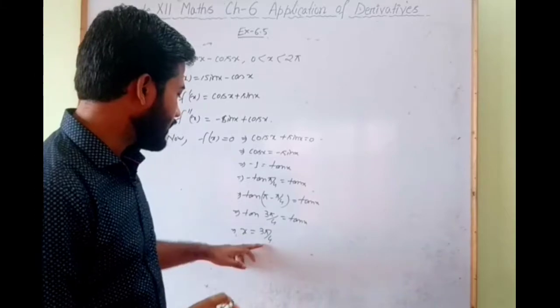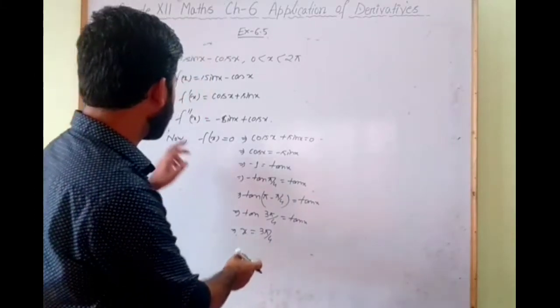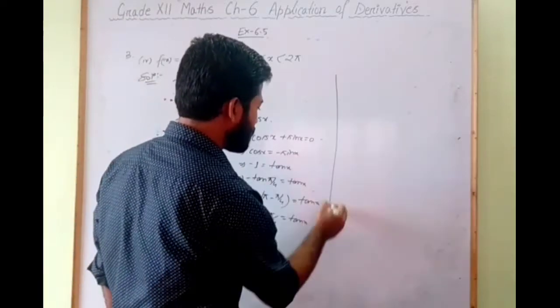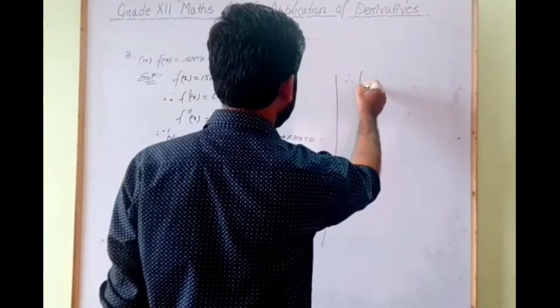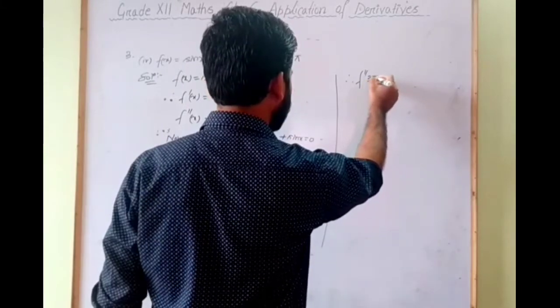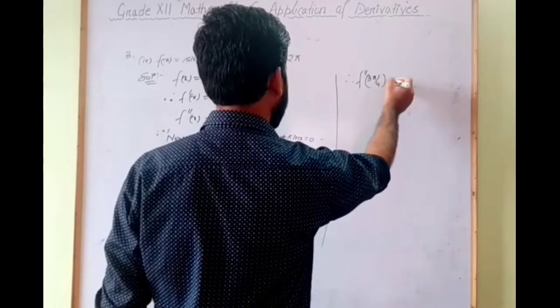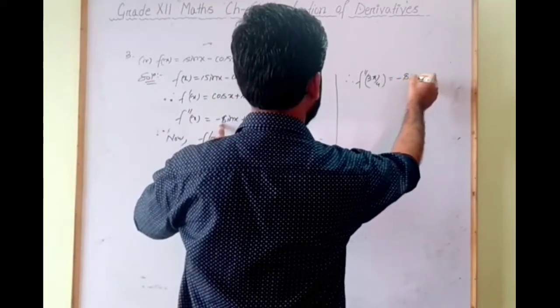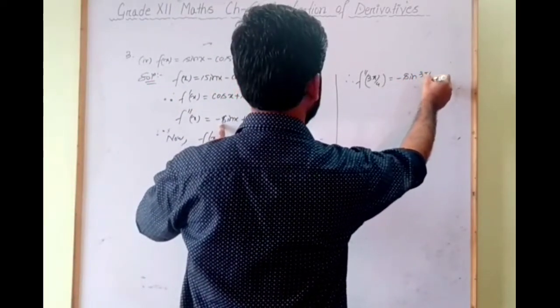That means at this particular point, we check f double dash x, whether it will be either less than 0 or greater than 0. Therefore f double dash x at the point 3 pi by 4 will give us what? It is minus sine x plus cos x.